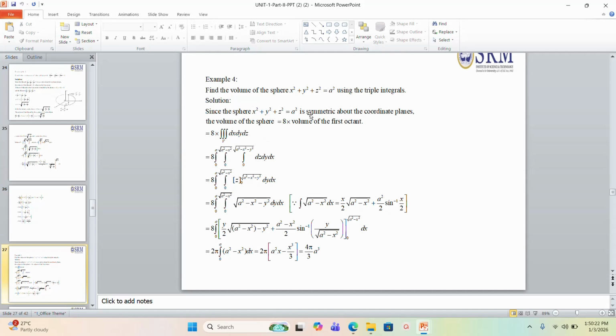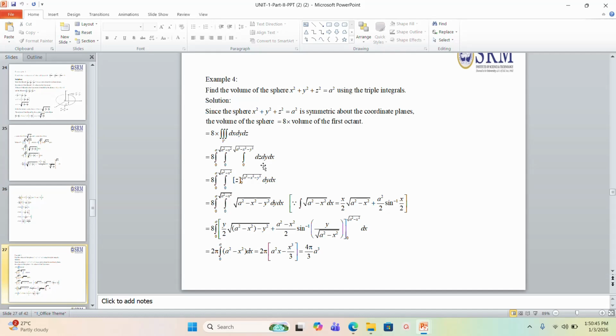And how to find the z limits? Z square equal to, take the x and y variables to the right hand side: a square minus x square minus y square. So z equal to square root of a square minus x square minus y square.